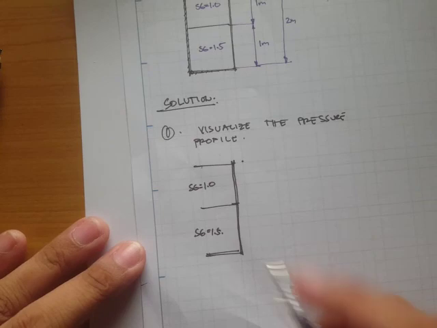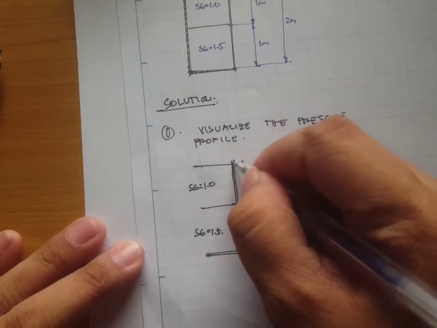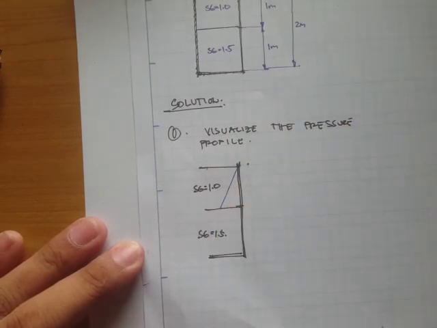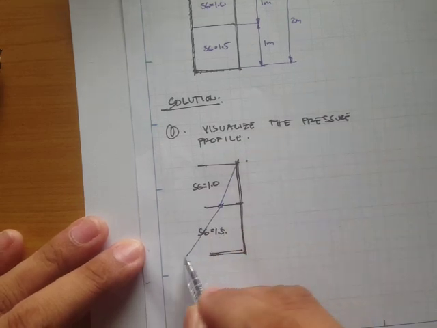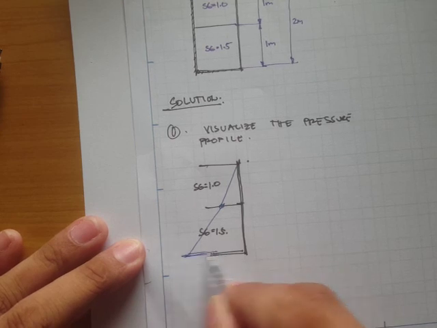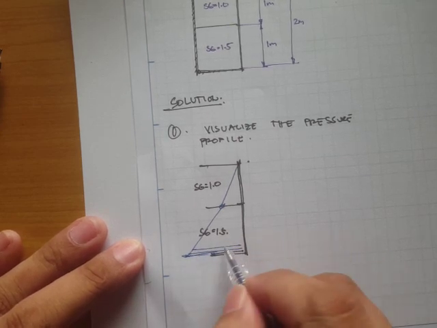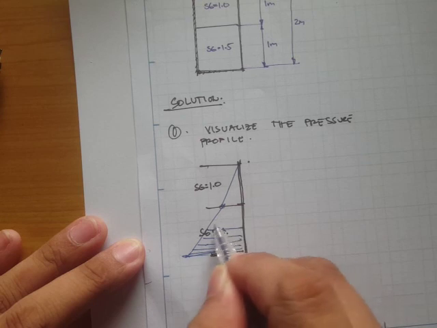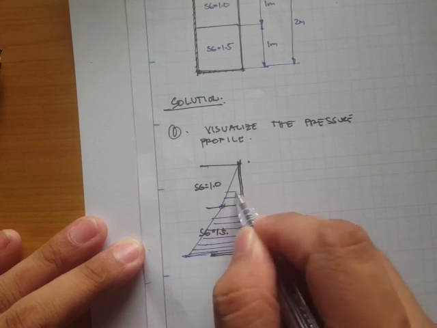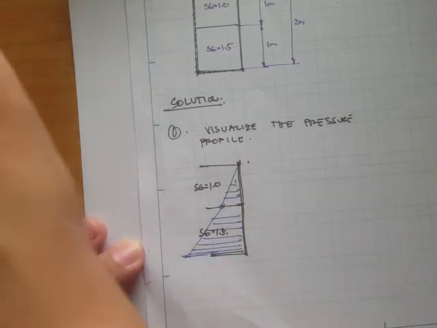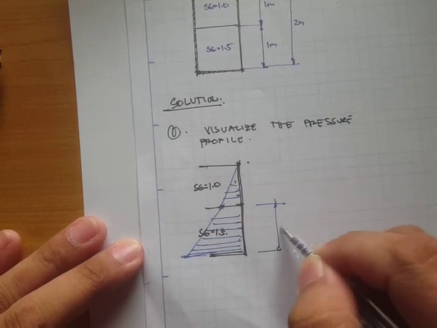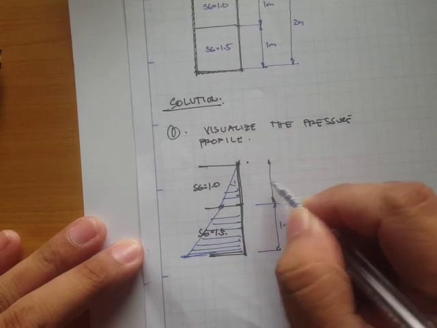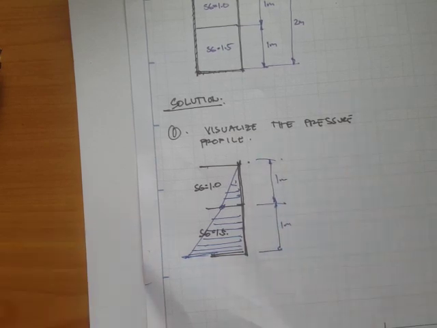The pressure profile with this would probably look something like this, and this one would have a pressure profile something like this. This one is 1 meter, and this one is 1 meter.